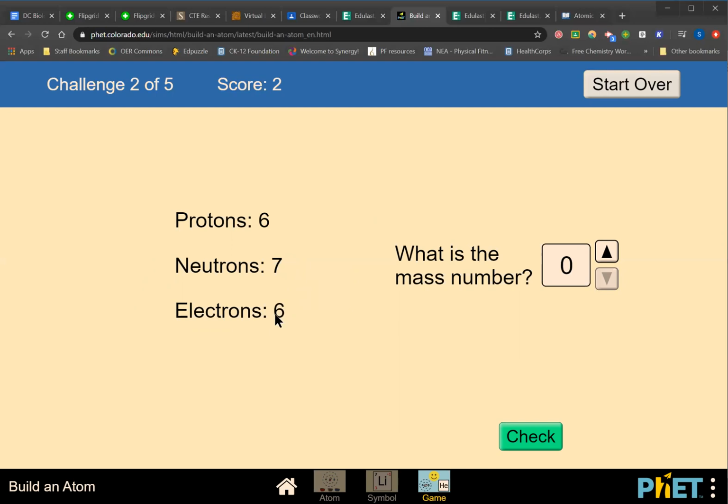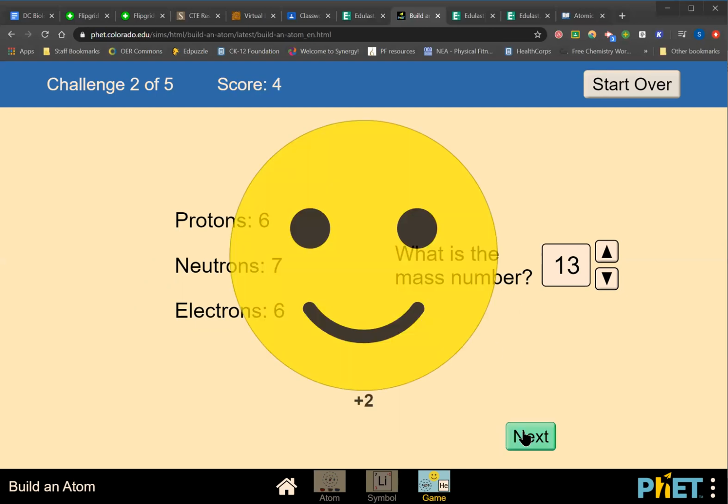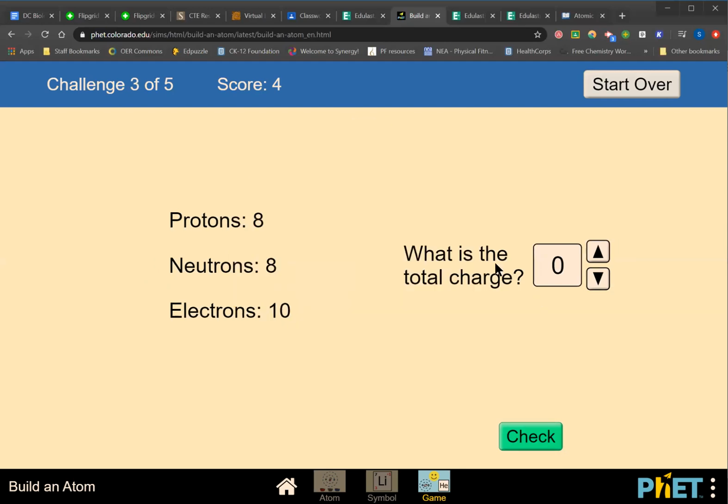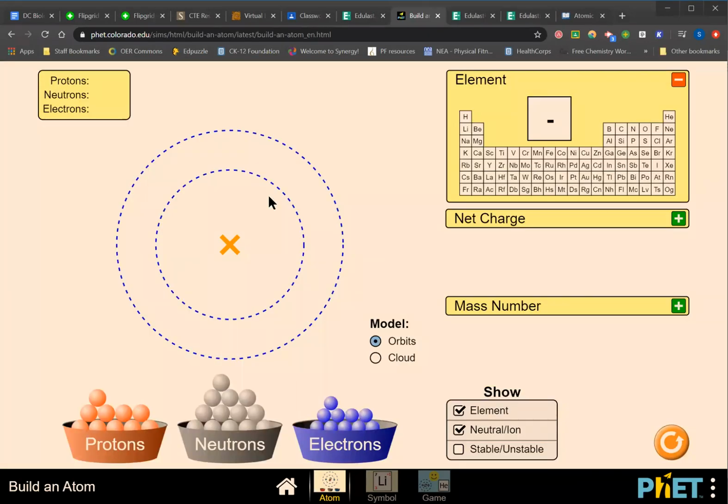No, they practically had no mass. All right, I'm going to go with 13. Looks like it. 13 should be the mass. I was right. So if you're wrong, don't worry about it. You just do it again or start over. Remember? Okay, back to atoms.